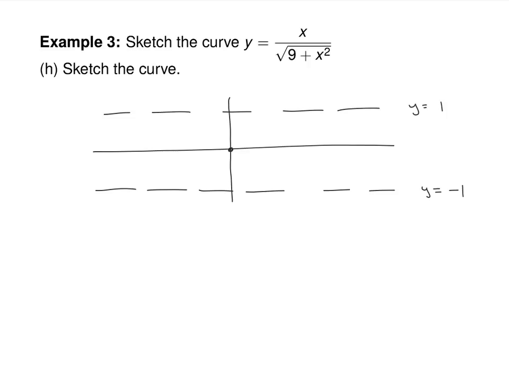Increasing, concave up. And at the origin you change to concave down. There you go. Looks a bit like arctan, right? Except the asymptotes are in the wrong places. Just arctan-ish.